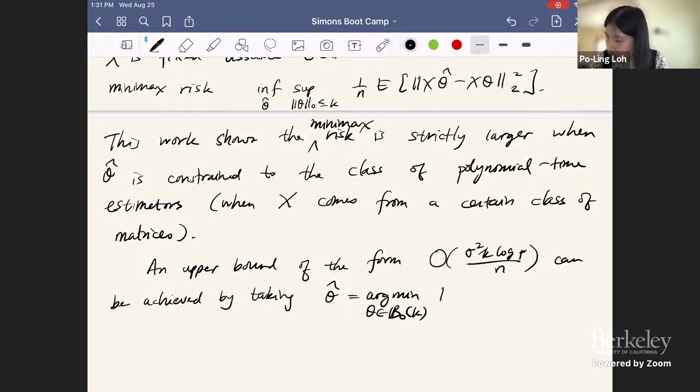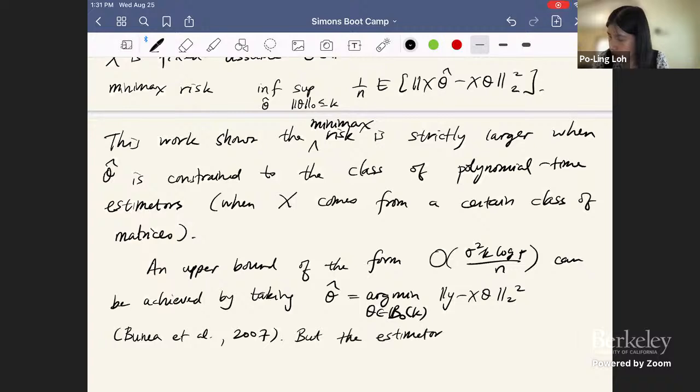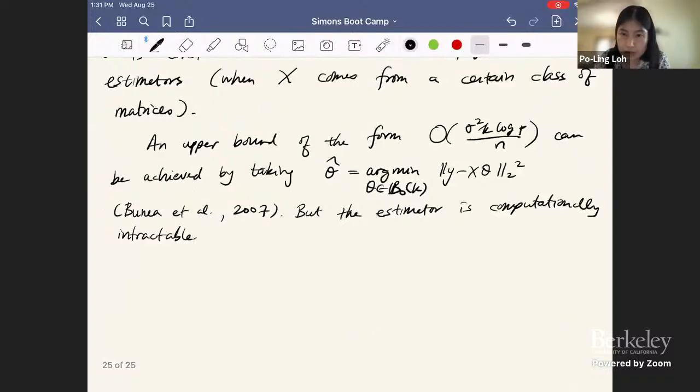So look at all k-sparse vectors, y minus X theta, 2 norm squared. And this is a result of Bunea et al. 2007. But the estimator is computationally intractable, because it involves searching over all possible sparse vectors.